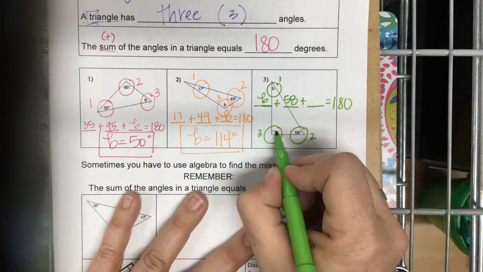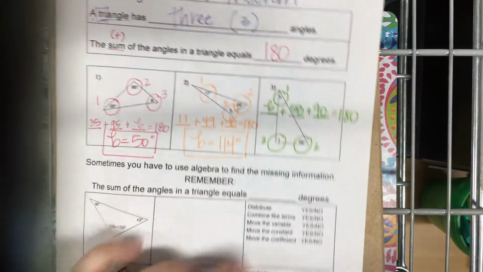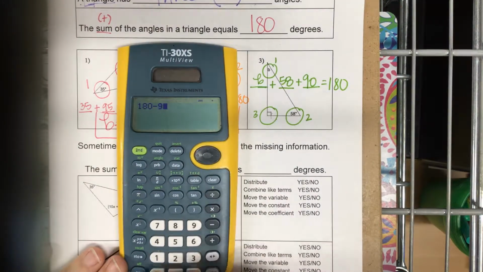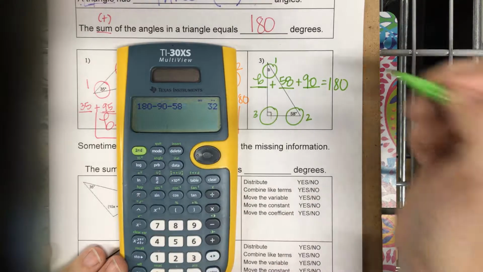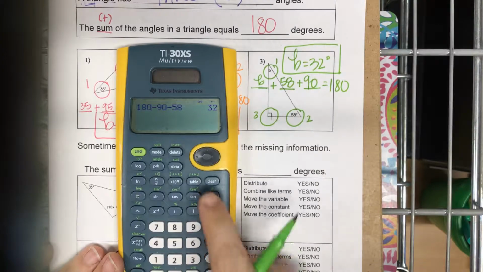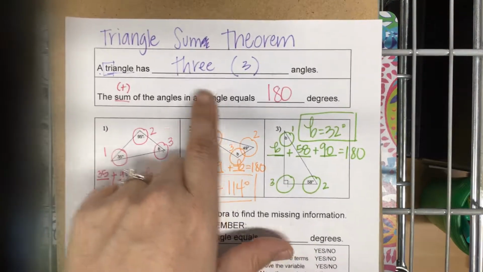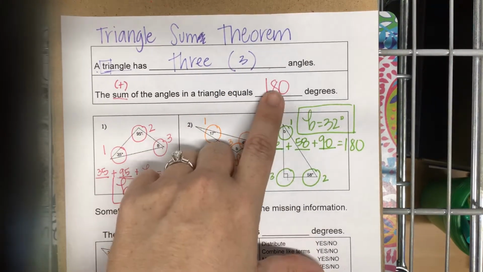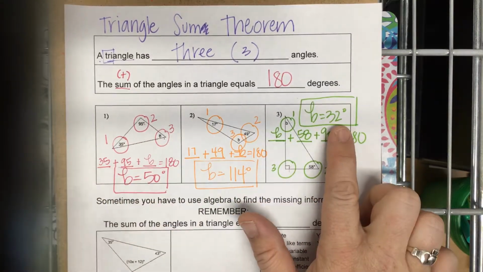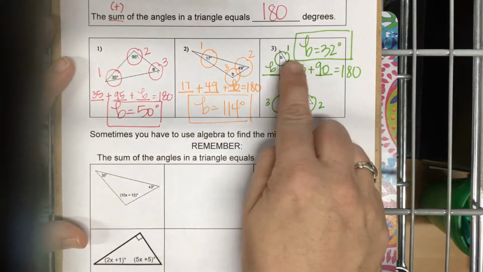However, this box in the corner shows me that it's 90 degrees. So I'm going to work backwards: 180 degrees minus 90 minus 58. My B value is 32 degrees, because the sum of all the angles in a triangle equals 180 degrees. So these were the simple 3, just a plain unknown variable for our angle.